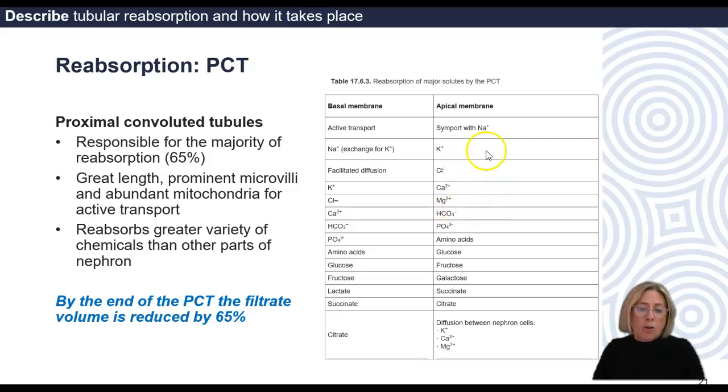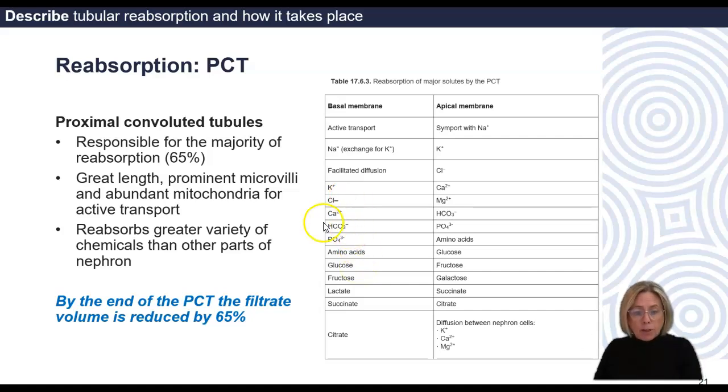And then, of course, we also have across the apical membrane, so movement from the filtrate in the lumen across the apical membrane into those cells. So the things to remember here, everyone, will be sodium, potassium and chloride, amino acids and glucose. They're all really important things to remember.